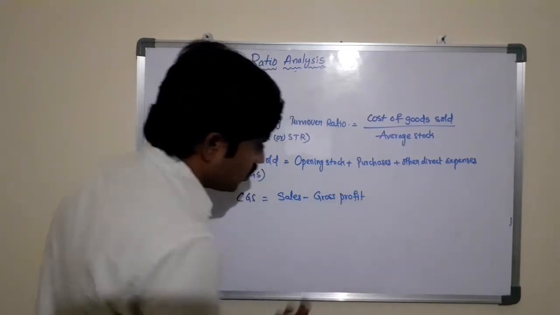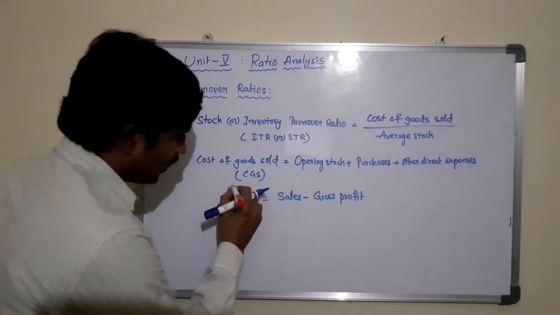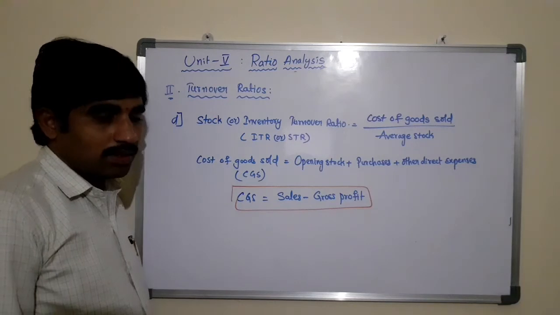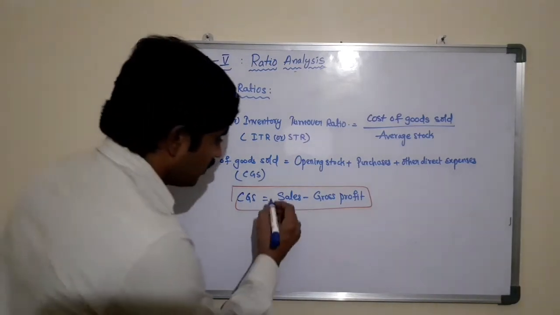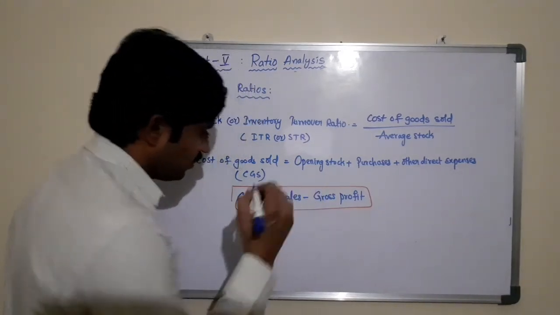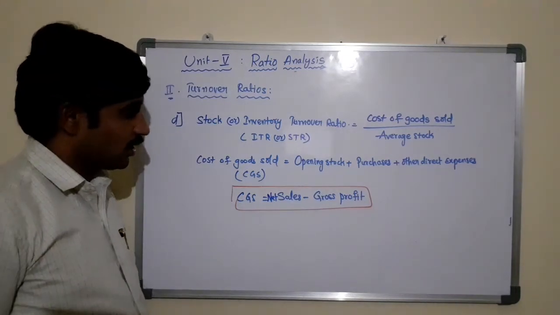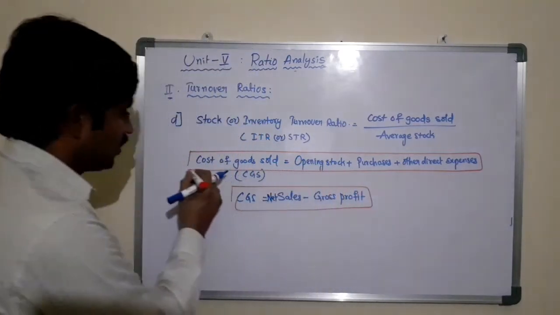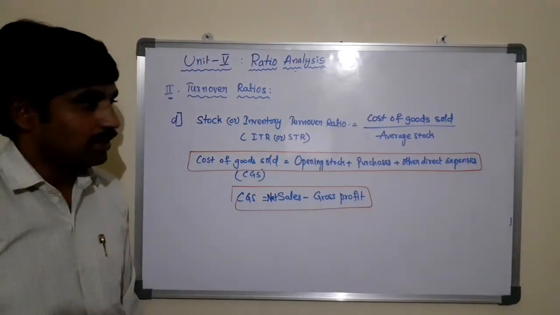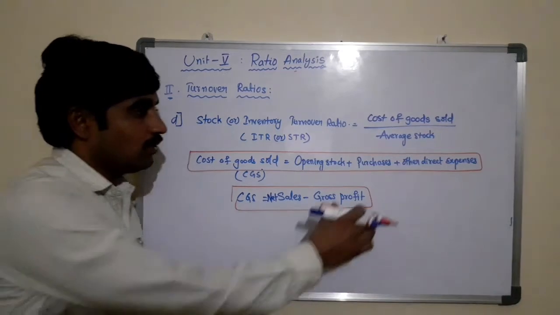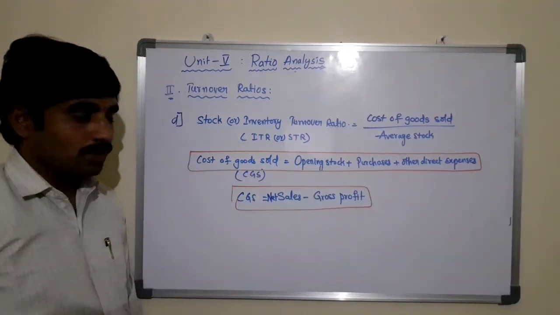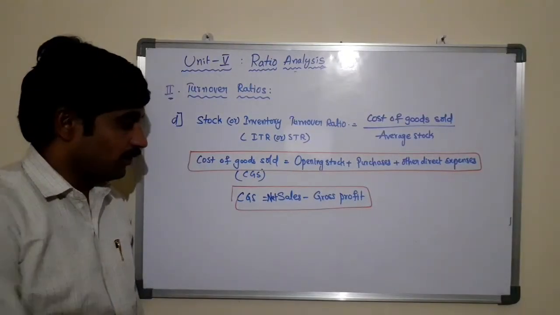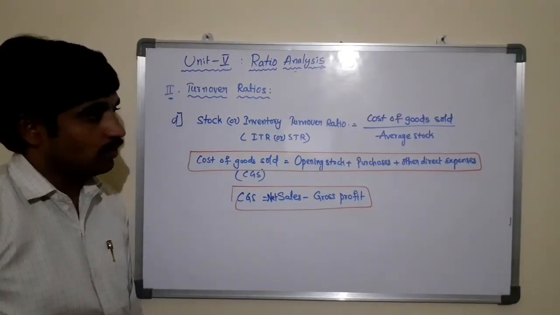So either of these two equations can be used to calculate cost of goods sold, that is, net sales minus gross profit, or opening stock plus purchases plus direct expenses. The difference between net sales and the gross profit is said to be the cost of goods sold.